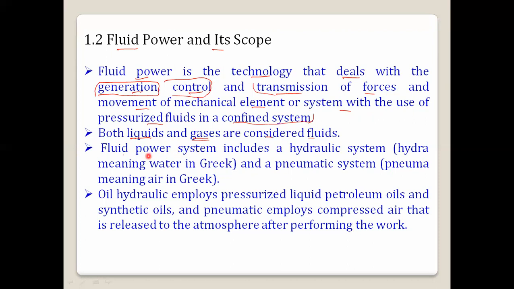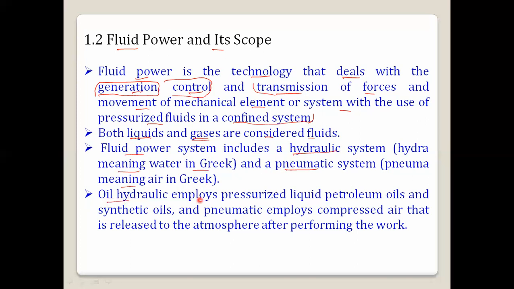So the fluid power system includes a hydraulic system. Hydra means water in Greek. We know we are derived from Greek concepts. Then pneumatic system: pneuma means air.